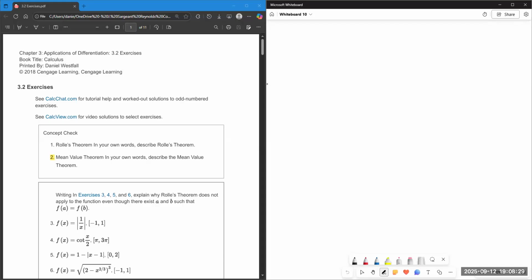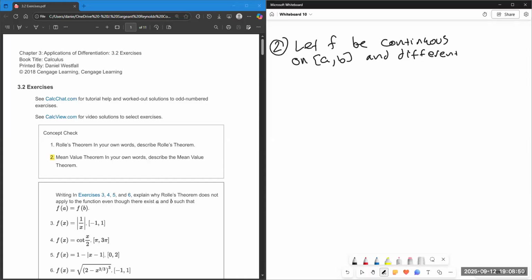So let f be continuous on the closed interval a to b and differentiable on the open interval a to b.